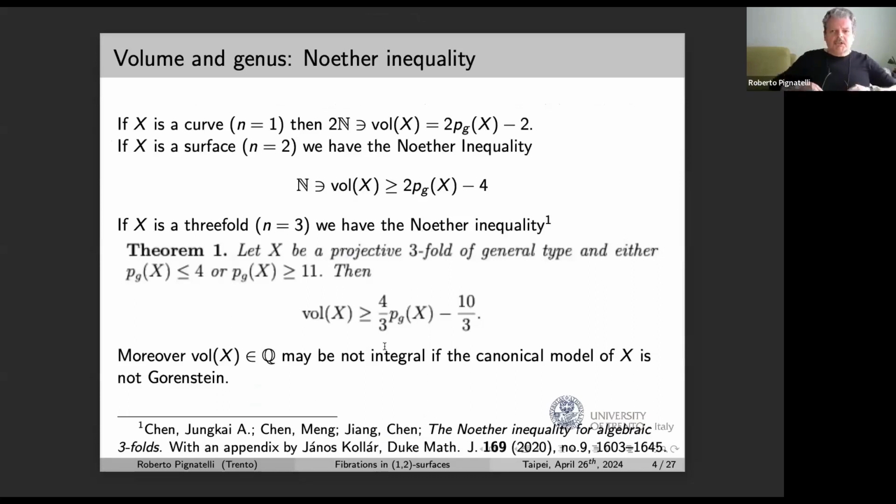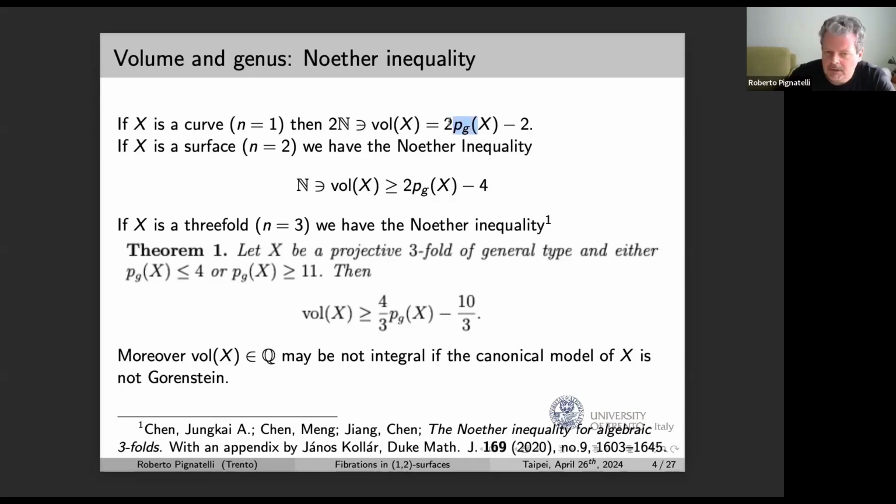Some introduction, again very well known to everybody, I think, is the following. What happens in dimension 1 is obvious, part of any undergraduate course in algebraic geometry: for a curve, the volume is 2g minus 2. I wrote it as pg. For curves, the genus is usually denoted by g.